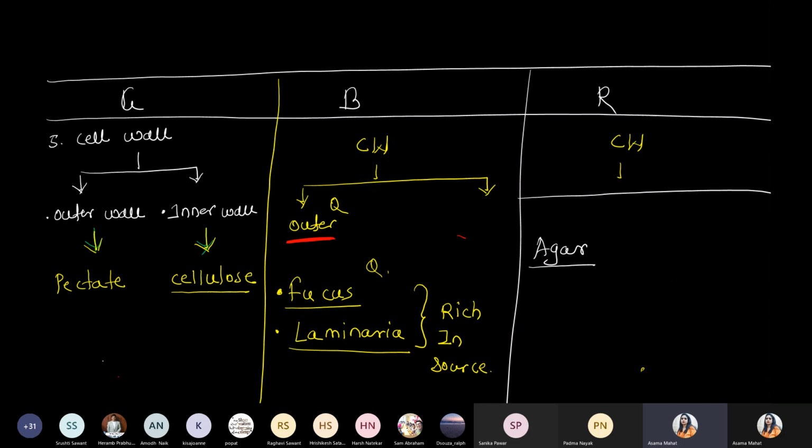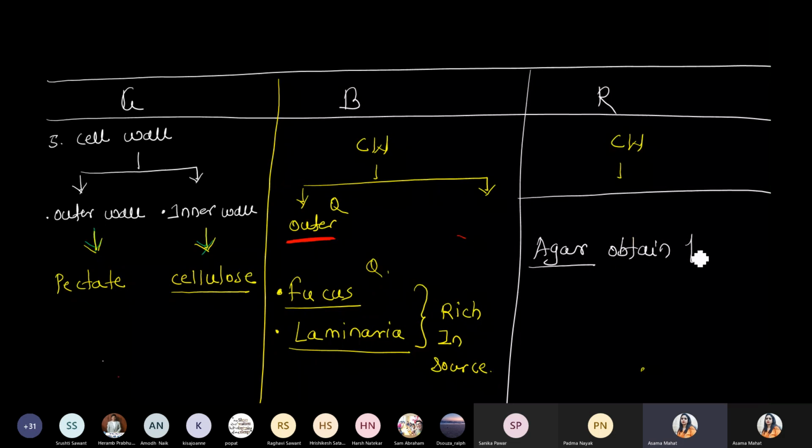When you add that powder to water and boil it, that liquid water slowly converts into gel form, because agar powder has this tendency. And that gel form acts as a substratum for plant growth under plant tissue culture.